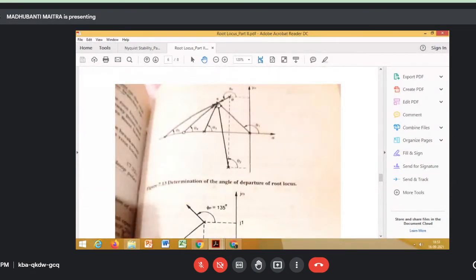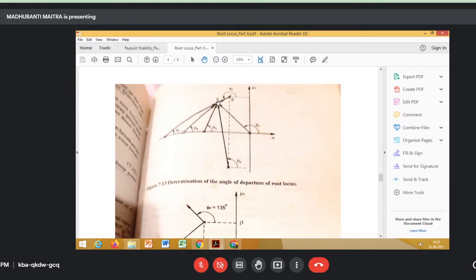Now we take a trial point S0 on this S plane. Please note, this trial point is a one-on-locus point. That means the point is lying on the root locus. That is assumption number one.